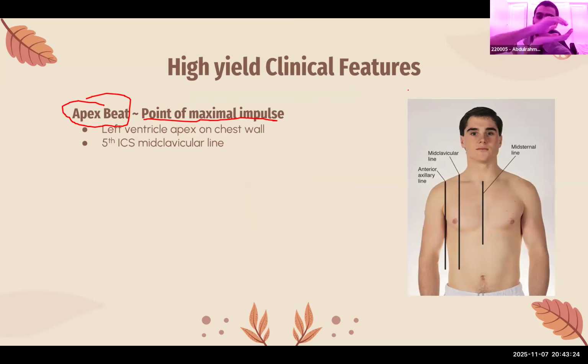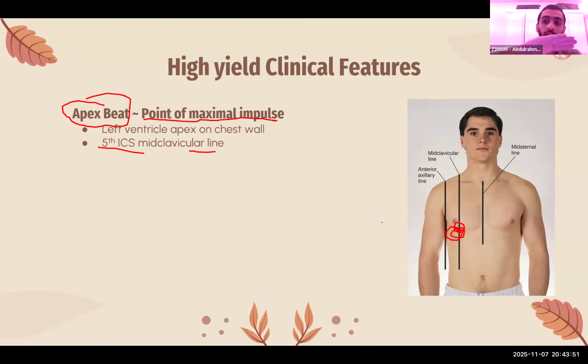If this heart is sitting right there, then the apex is going to be located towards the outside, seated under the nipple, which is referred to anatomically as the fifth intercostal space, mid-clavicular line, right under the nipple. And the apex is almost touching the chest wall.